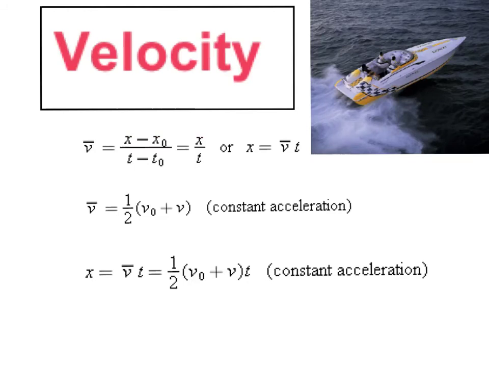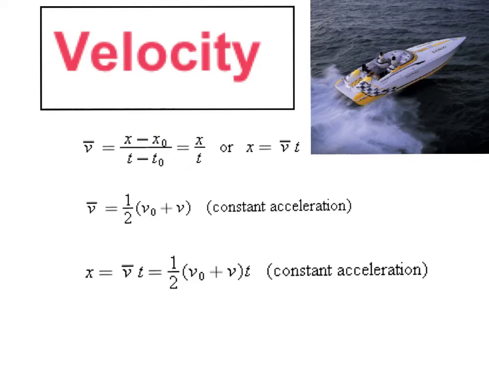Now let's take a look at velocity again. As you remember, velocity is speed and direction. So for velocity, it's just our displacement divided by time. So to write it more simply, we just have x, our displacement in the x direction, divided by time.